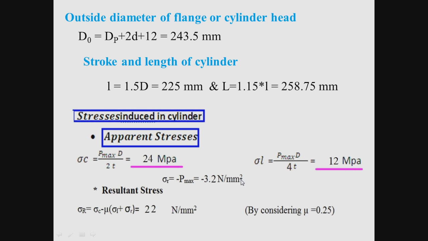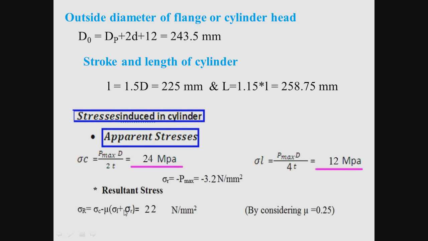Next is radial stress, which is equal to minus p max, minus 3.2 Newton per mm square. Here we need to find the resultant stress. Resultant stress is given by sigma c minus mu into bracket sigma L plus sigma r. Mu is Poisson's ratio. Sigma c value is 24. Mu, let us consider it is 0.25.